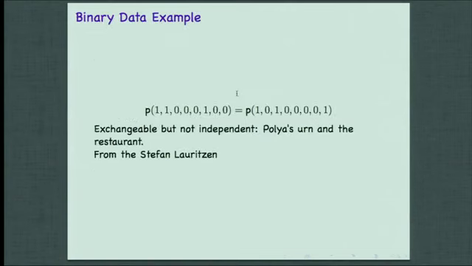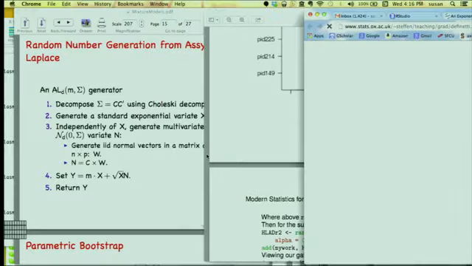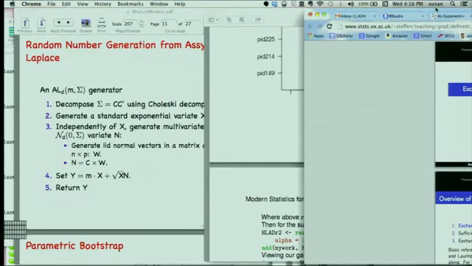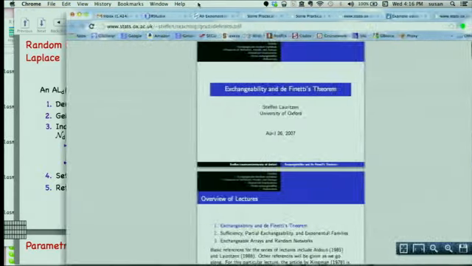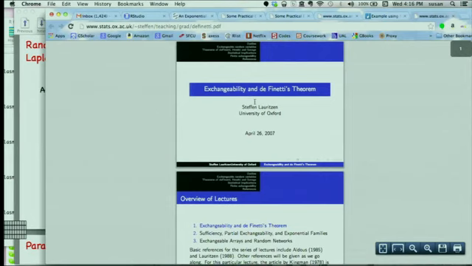So the idea is to be able to say, for instance, in a binary example, that this string would have the same probability as that string. It doesn't matter what order they came in. If you're interested, I'm not going to do all the theory, but this is a very nice lecture prepared by somebody from the other place.